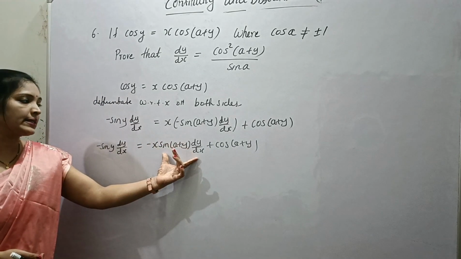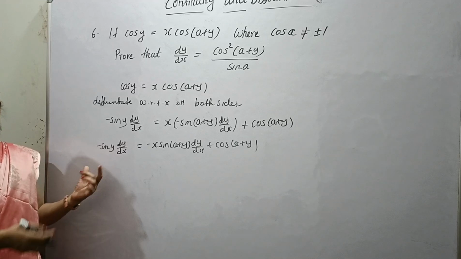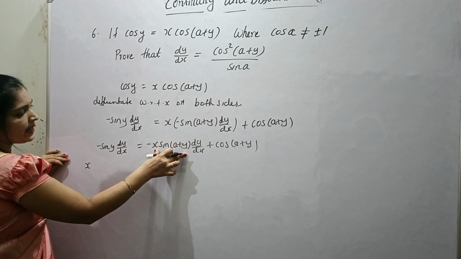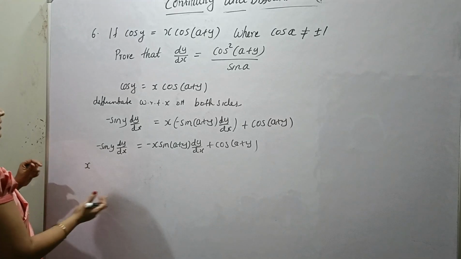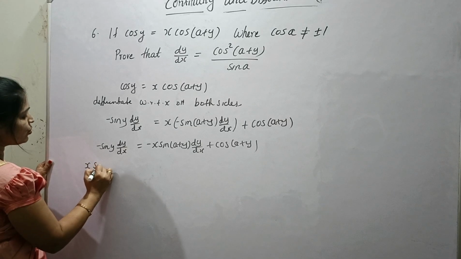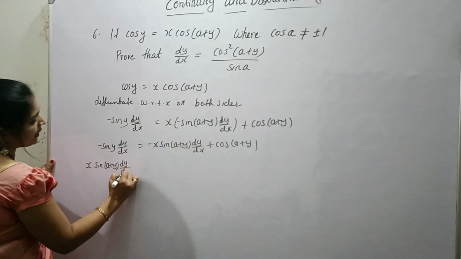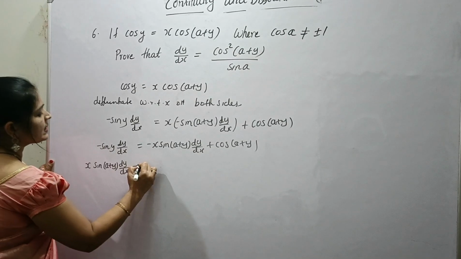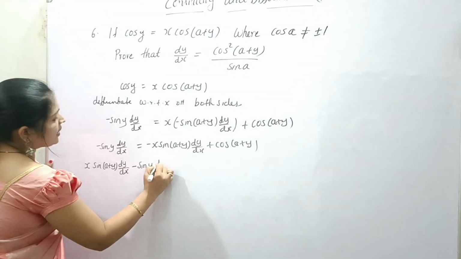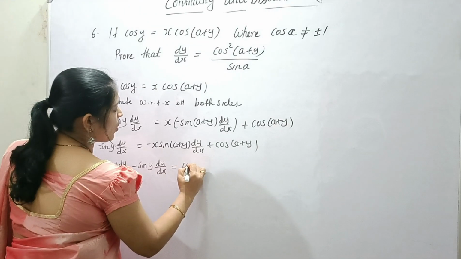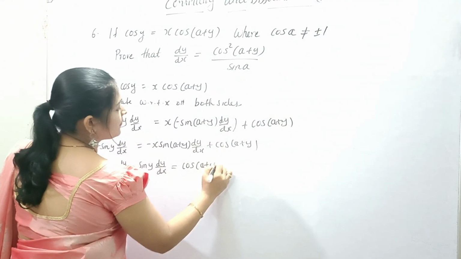Now let's take this term to the left side; it was minus, so it will be plus. So x sin of a plus y dy by dx minus sin y dy by dx is equal to cos of a plus y.